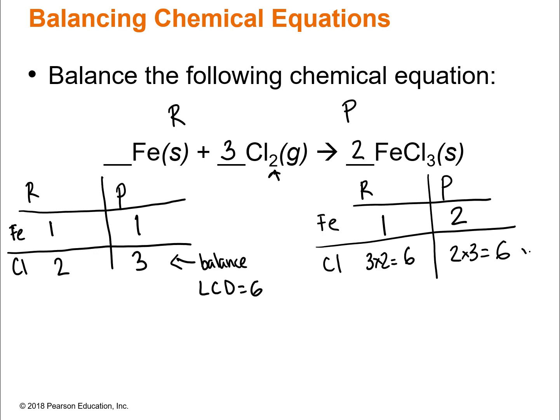Well, now my chlorine is balanced, but my iron is still unbalanced. So I need to add something to the reactant side so that I have the same number of atoms. That lowest common denominator is going to be 2. Notice how I didn't do anything else to the product side.